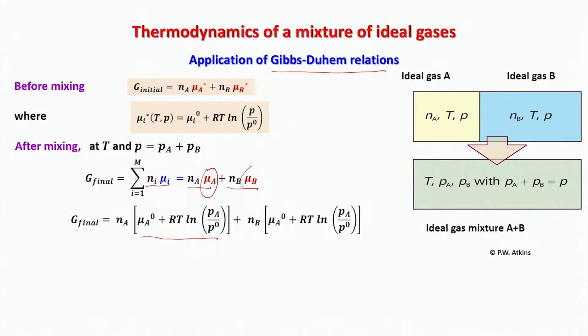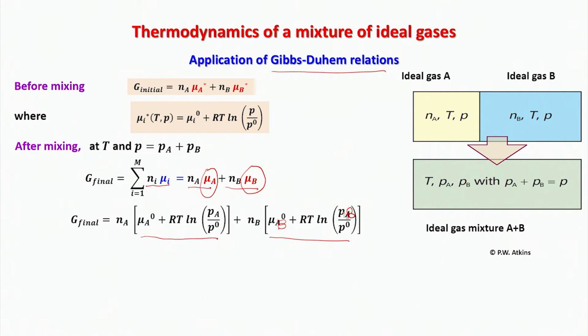Similarly, for mu B, I am going to replace it by this expression, where instead of mu B I have mu B naught at temperature T plus RT ln of the partial pressure of B divided by P naught.